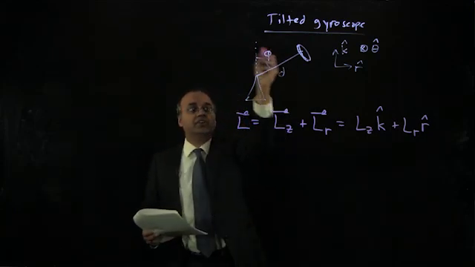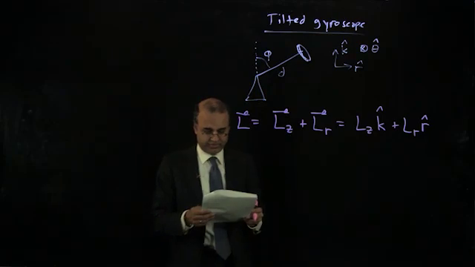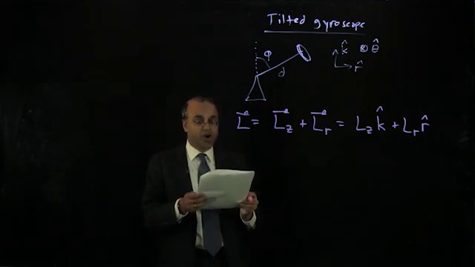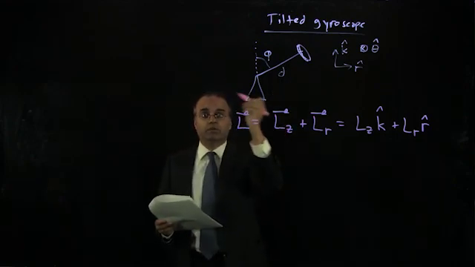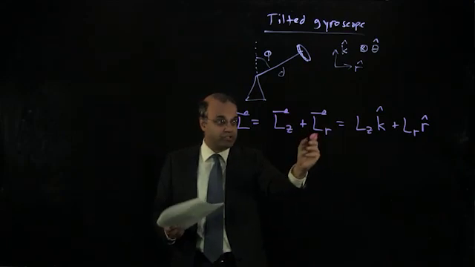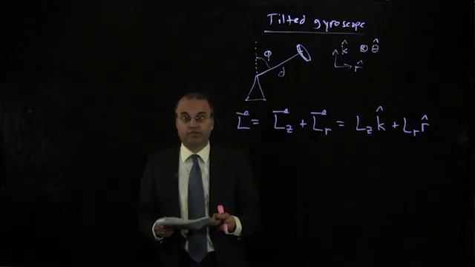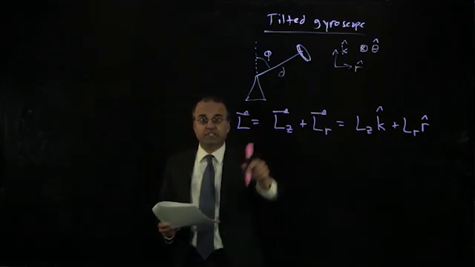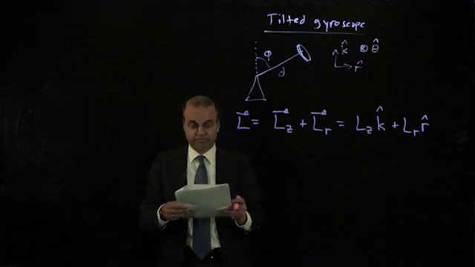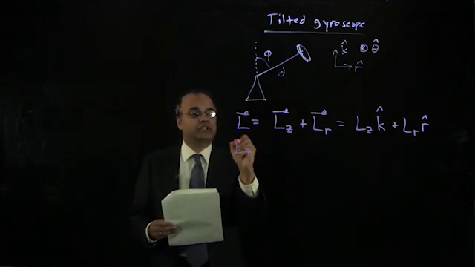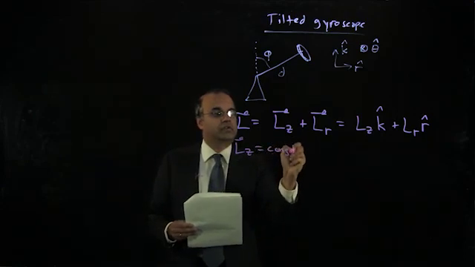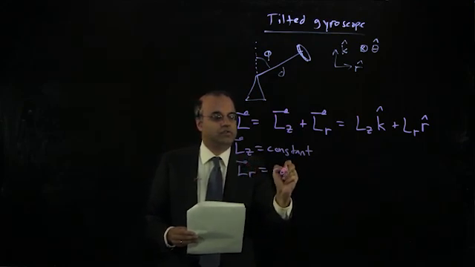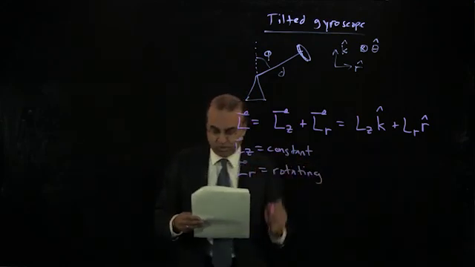Now notice, as this gyroscope precesses around, the z hat component is constant, but the r hat component rotates around. Okay, so the r hat component, the vector along the r hat direction, is a purely rotating vector, whereas the z component is a constant vector. Okay, so Lz is constant, and Lr is rotating.